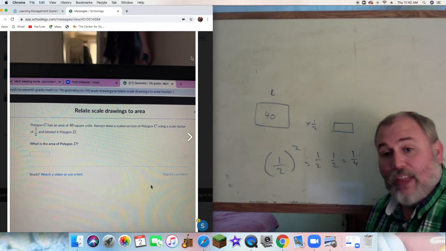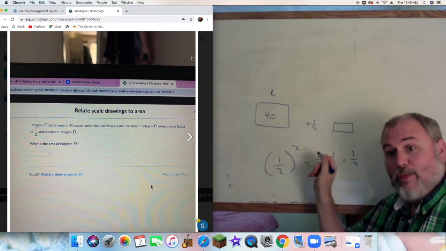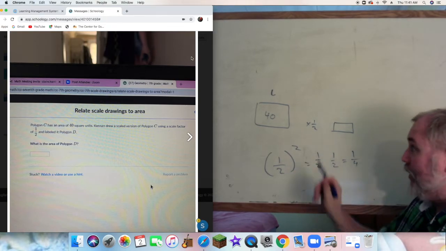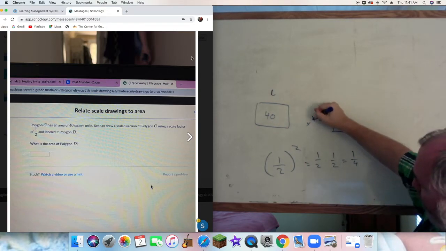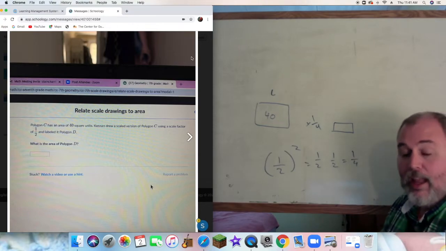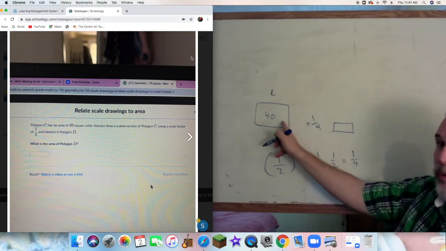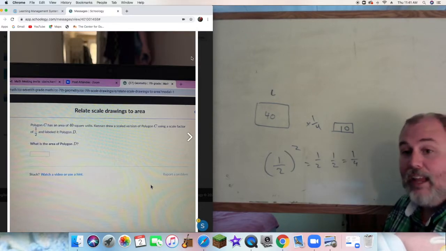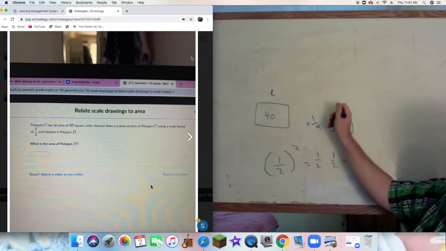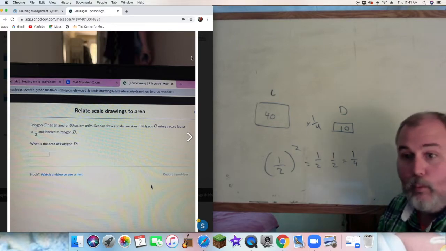Since I'm working with area, I square the scale. That means I don't multiply 40 by 1/2, but by 1/4. So 40 times 1/4, and this shape has an area of 10. So that is what D would be.